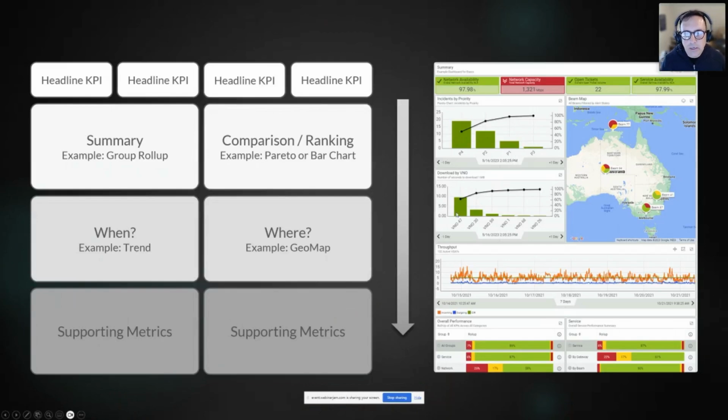Or in terms of their customers, their retailers, which are called VNOs here, they can see that most of the traffic is coming from one or two of those. And so if there's an issue there, they get a quick glance and say, oh, I might want to look at what's happening with VNO 47. And then there's some trends. This trend looks like a fairly normal situation, and then some summarization. So that's one example of that top to bottom kind of world.